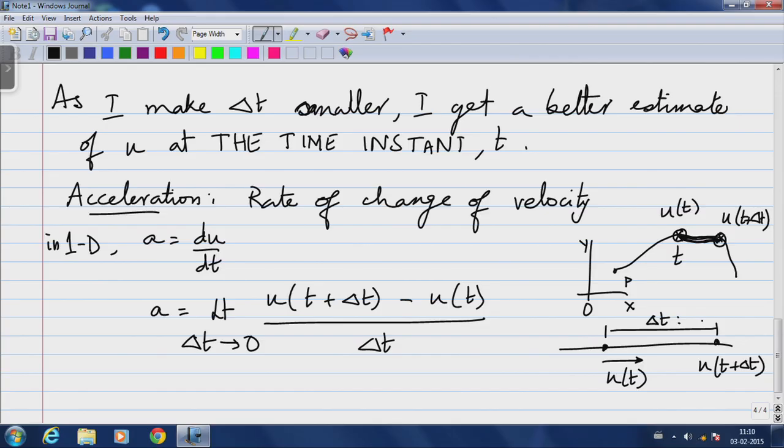Now, as I let this delta t become smaller and smaller, this ratio, u of t plus delta t minus u of t, the change of velocity divided by the time spacing between the two observations, again converges to a number a as this time spacing becomes smaller and smaller.